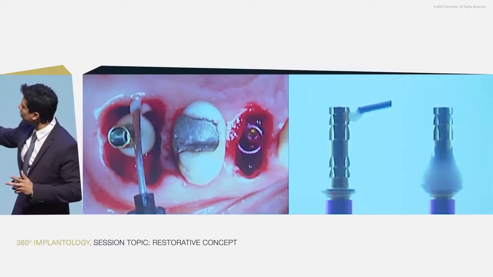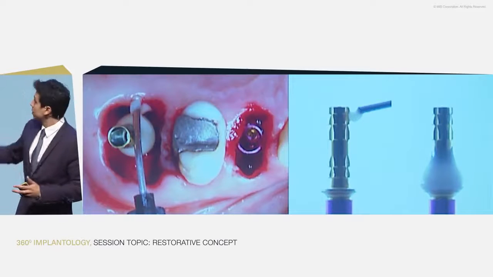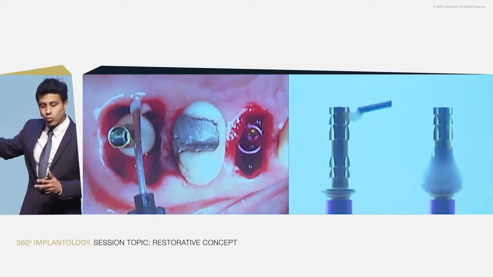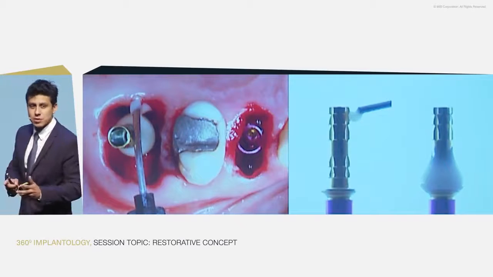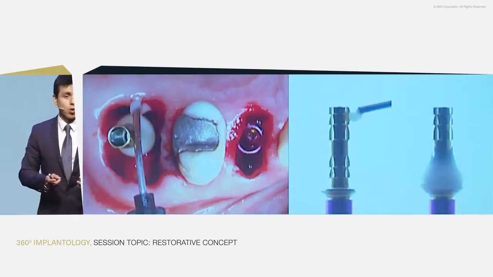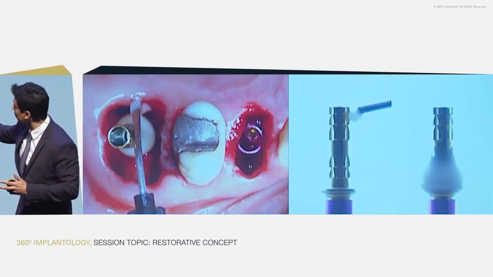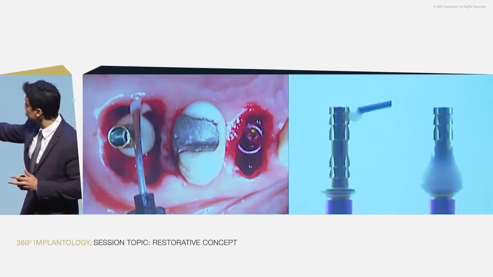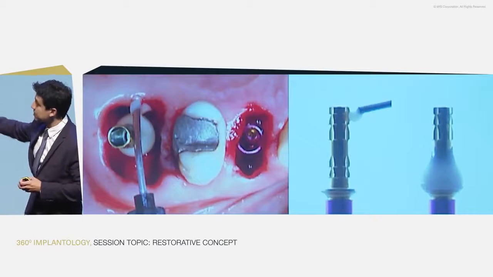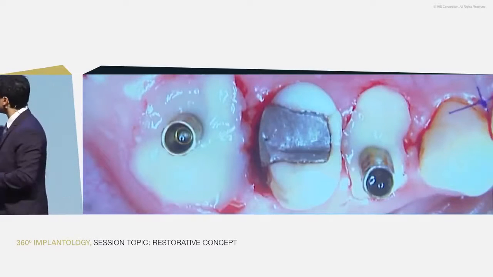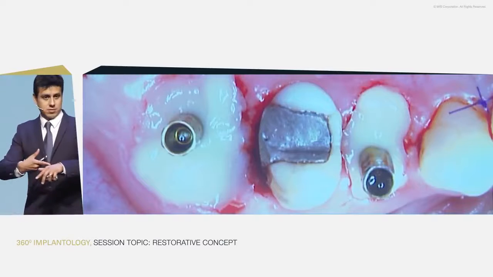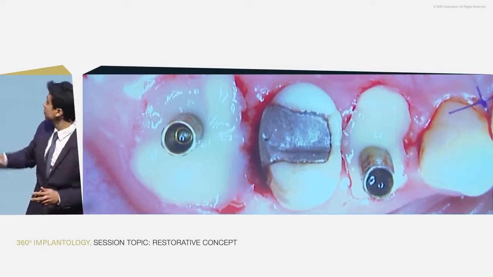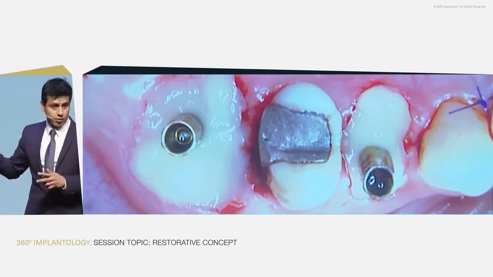So always try to do this procedure protecting the alveolus with a sponge, such as a collagen sponge. We will protect the alveolus with collagen sponge, and after we will place the flowable simultaneously with curing on top of the alveolus.